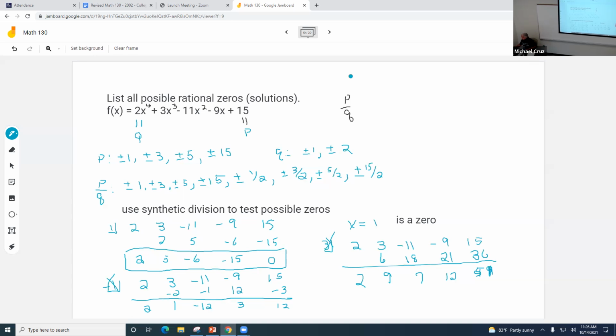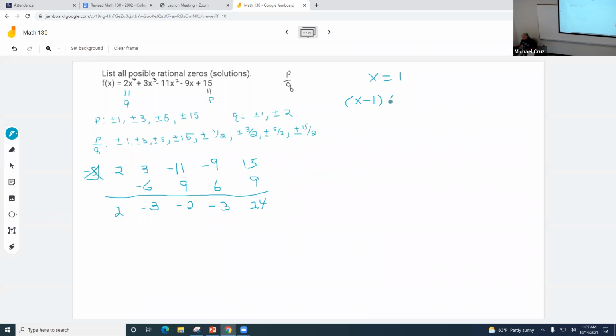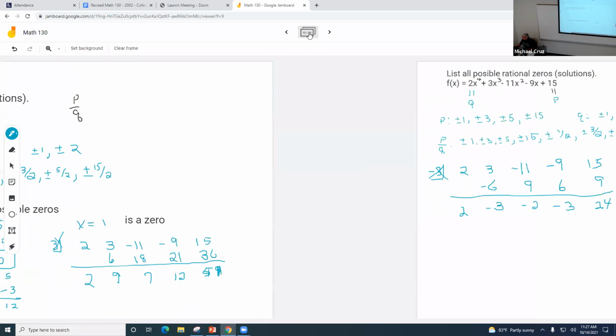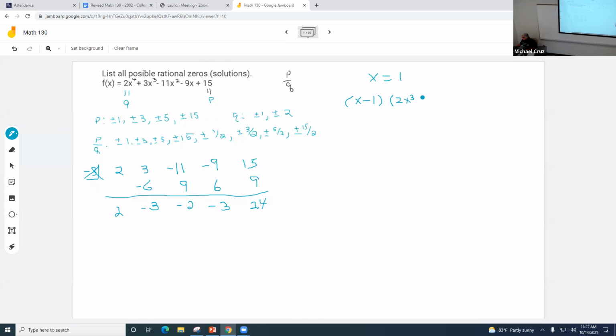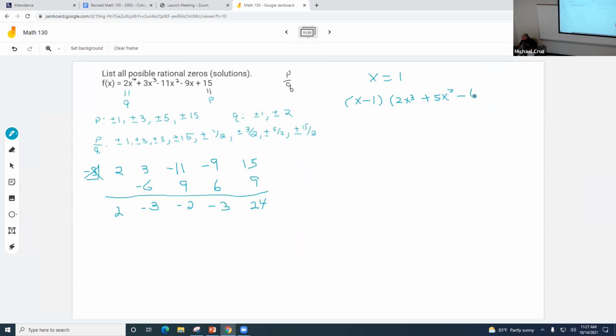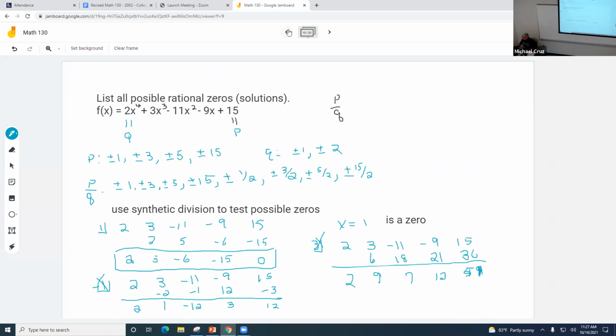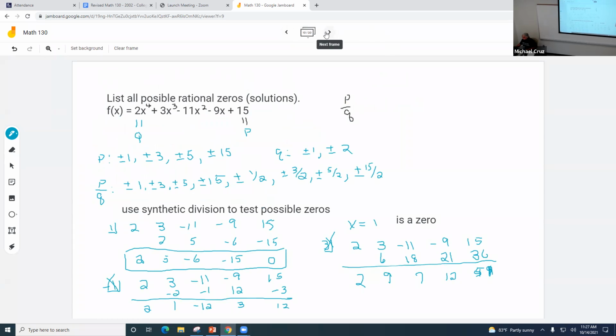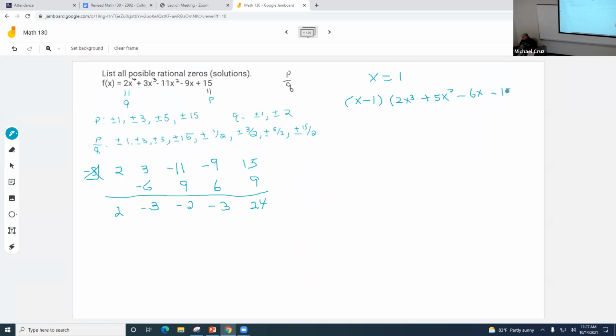In other words, I'll write it out for you. So it's 2x cubed plus 5x squared and then negative 6x and negative 15. So that's what we know so far.